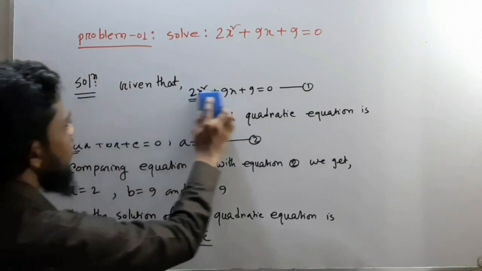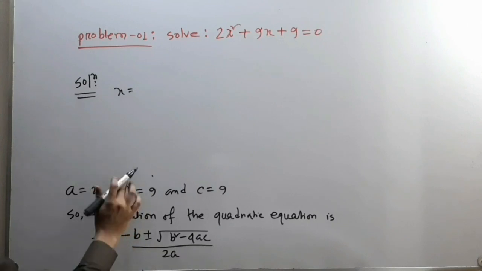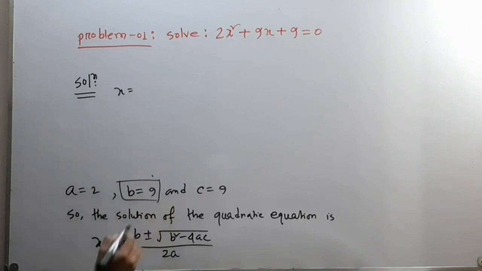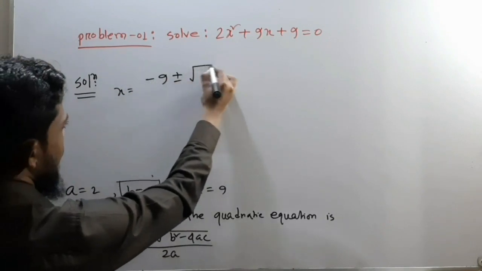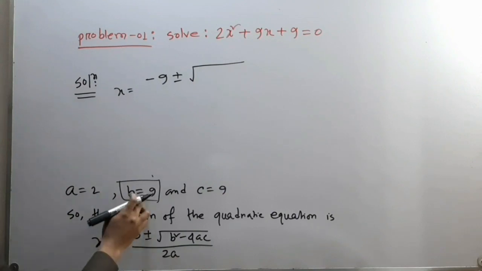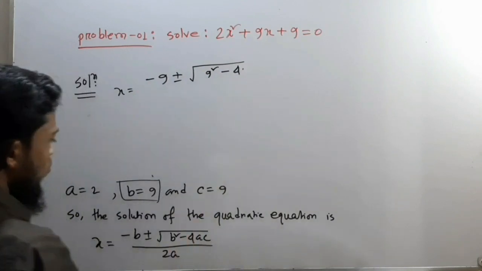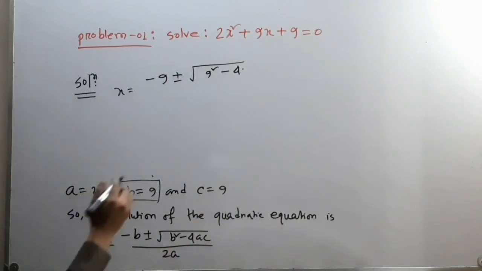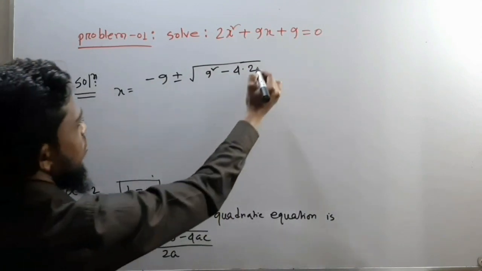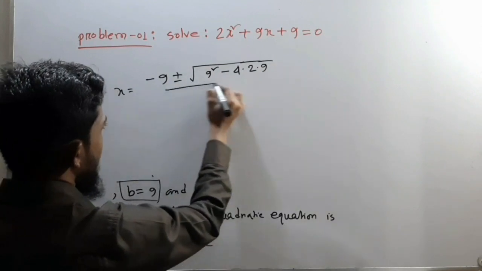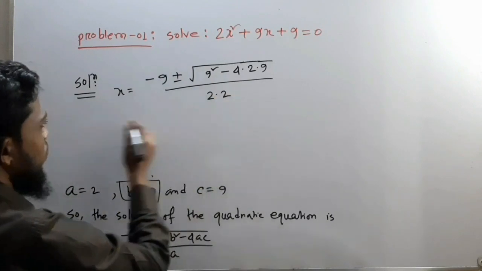Then we can write x is equal to minus b, the value of b is 9, so minus 9 plus minus root over b square, that is 9 square, minus 4 into the value of a which is 2, into the value of c which is 9, divided by twice a, the value of a is 2.